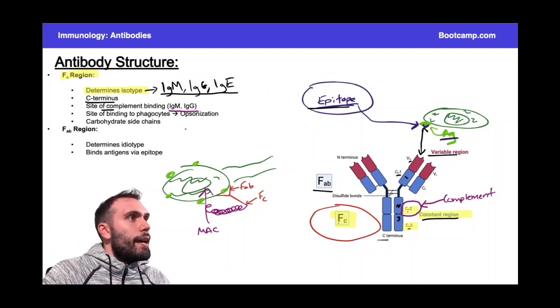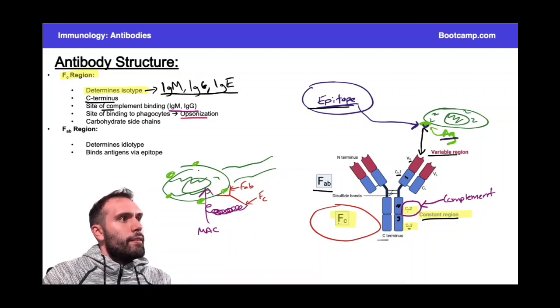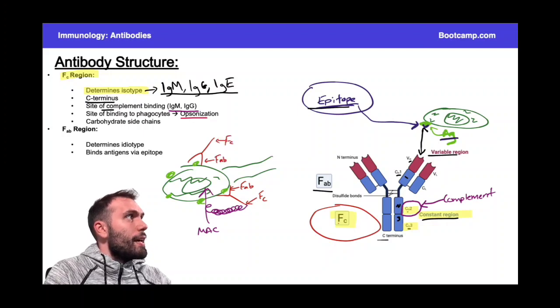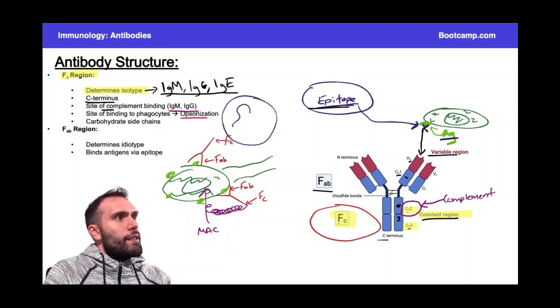Now, the other route we can go here is opsonization, right? So it's kind of a similar concept. Again, let's take our antibody binding here. And again, this is going to be the Fab portion. And then we have our FC fragment back here. And again, it's the same concept. If I have some phagocytic cell around here, so let's just say that I have like a neutrophil or some phagocytic cell here. This cell can kind of get roped in to binding to this FC portion.